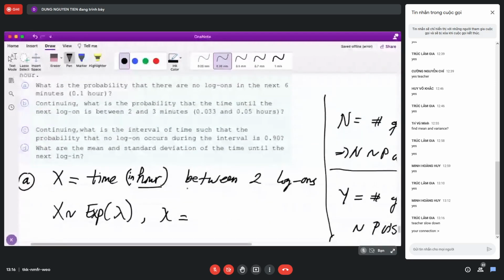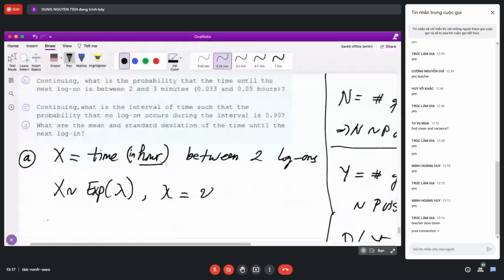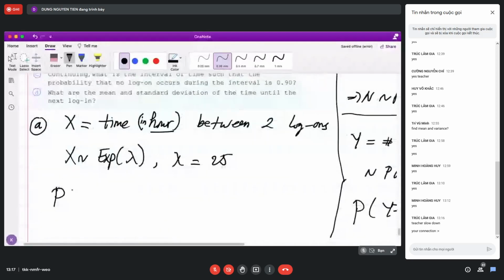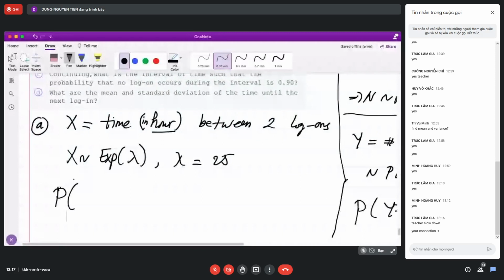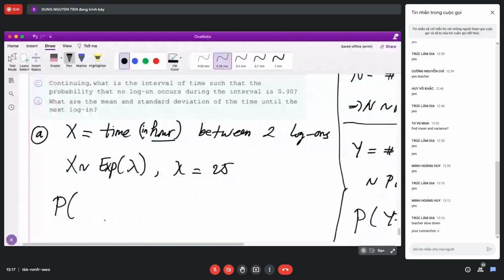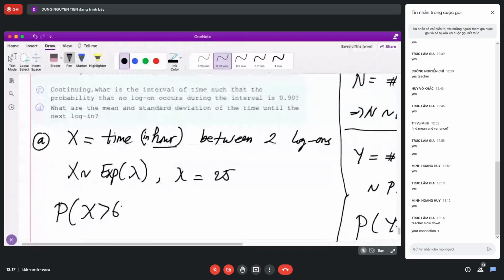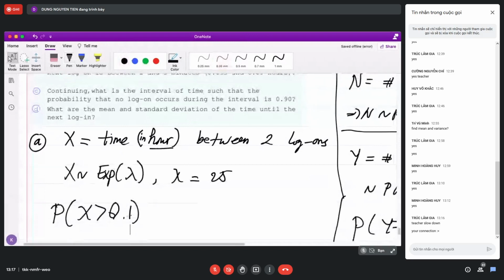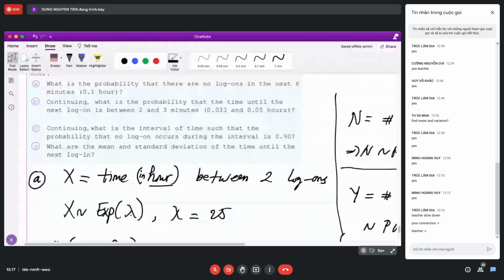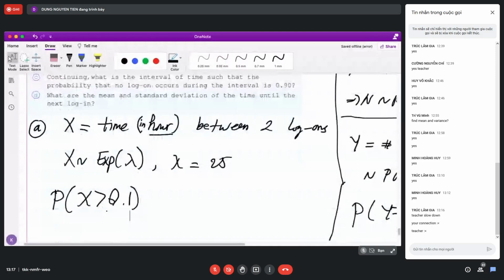So you get 25 for this, and you want to find the probability that the time between two logons is more than 6 minutes, or let's say 0.1 hour. The probability that there are no logons in a period of 6 minutes is the probability that the time between two logons is more than 0.1 hour.